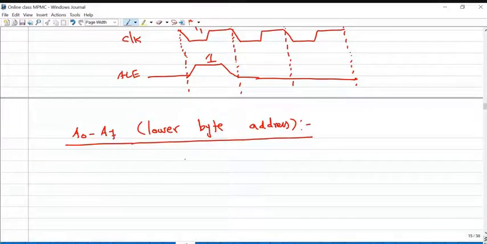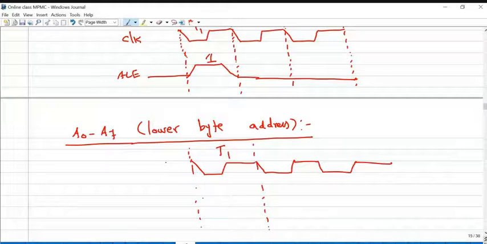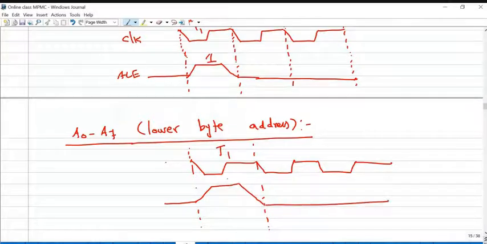So during this particular T1 state, with respect to the previous diagram, this is the T1 state, the first clock pulse. Address latch enable must be high.